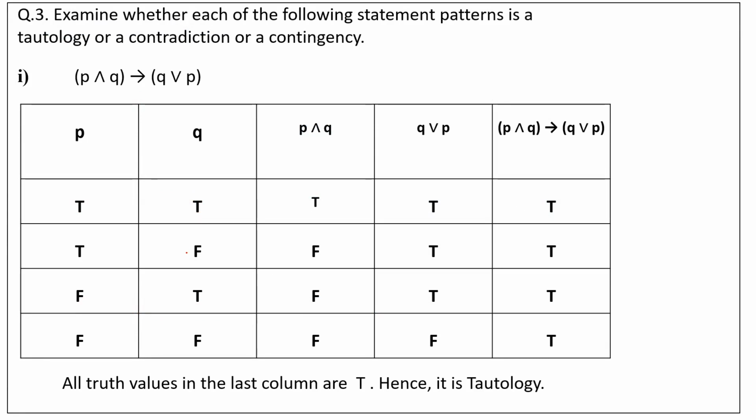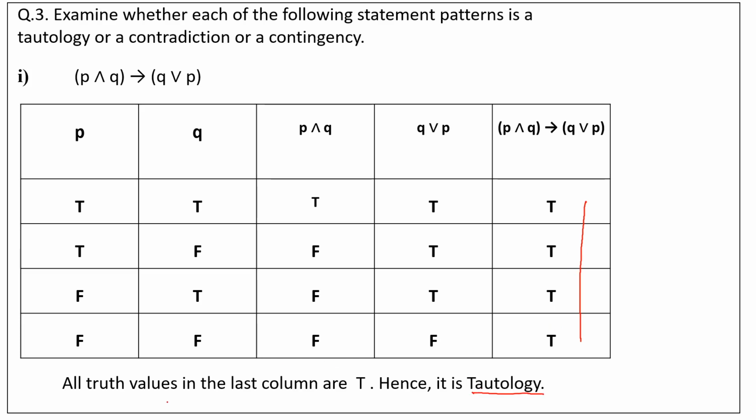Okay, now statement pattern is given and you have to make the truth table. Now you know how to make this. Okay, so if you see the last column, all values are true. So when all values are true, then it is called a tautology.